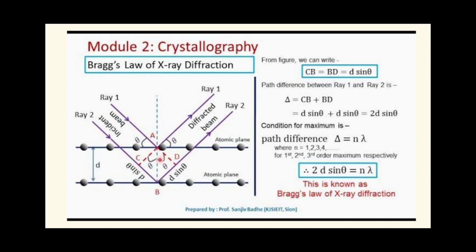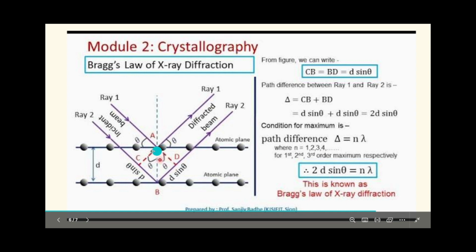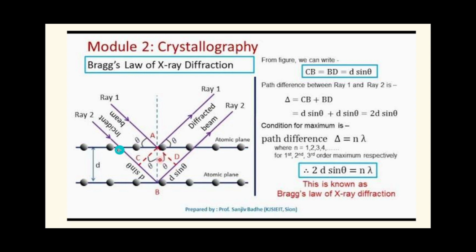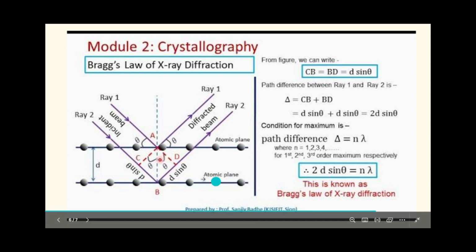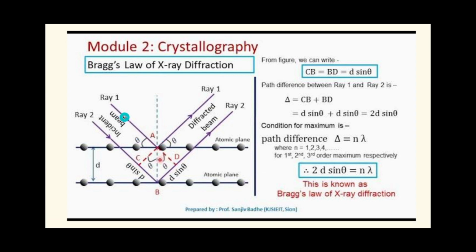This is the practical way the Bragg's law equation is derived, and how we get a plane, that's the peak we see. These are the incident X-ray beams, ray 1 and ray 2. When they fall on a sample, there is a surface of the sample, described here as atomic planes. These are the planes on which the rays fall.